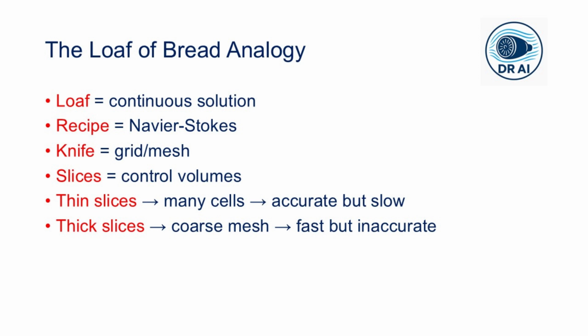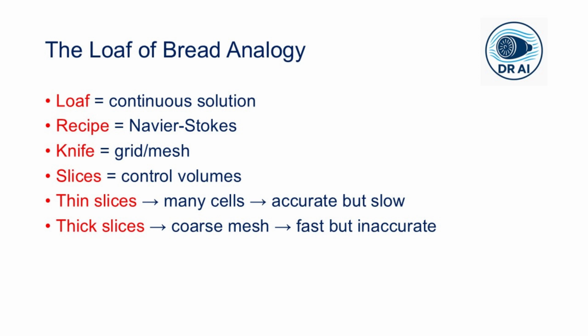If you cut very thin slices, say 1 millimeter each, and you get many slices, when you reassemble them, the stack looks almost exactly like the original loaf, but it takes a long time to slice, and your plate, which is the computer memory, fills up quickly. If you cut thick slices, 5 centimeters each, for example, you finish fast.